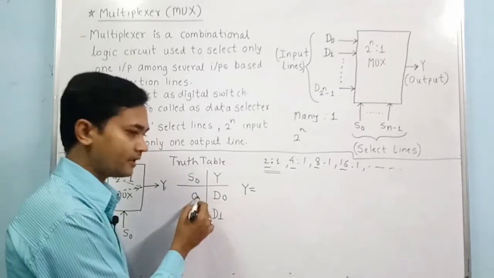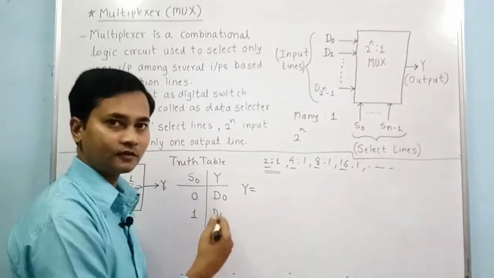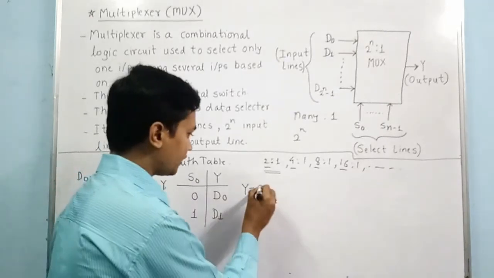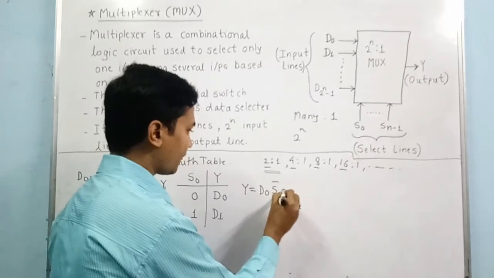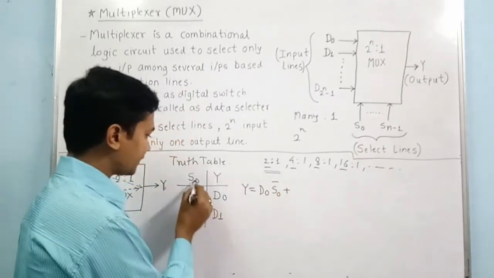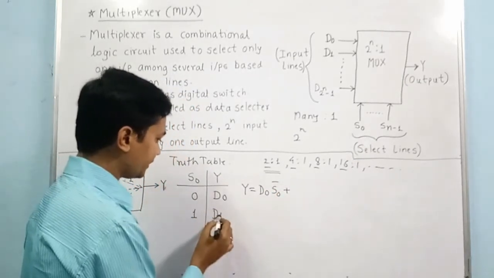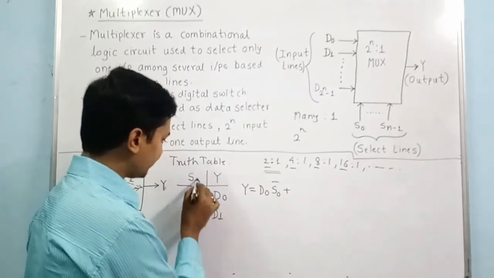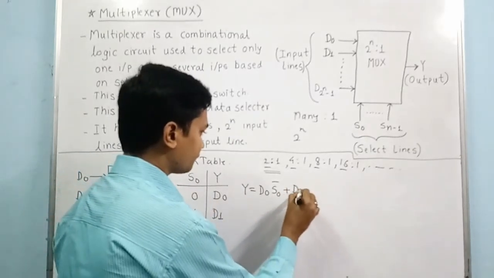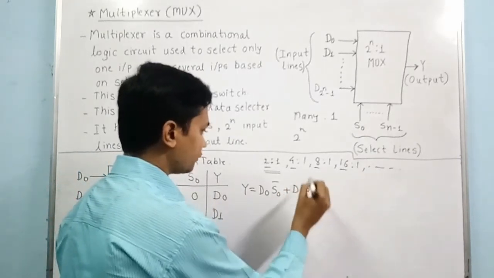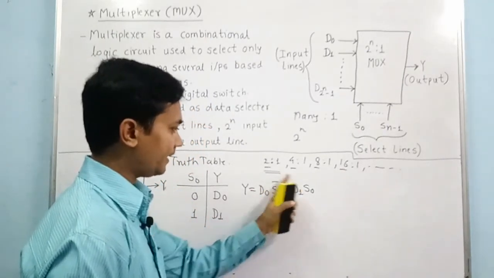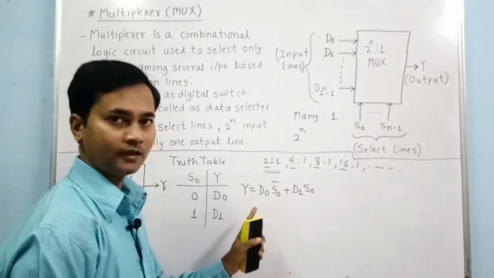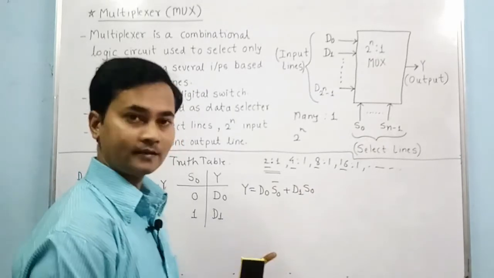So 0 can be written as a complemented variable. So here D0 S0 bar plus, when S0 is 1, the D1 will be transmitted. So D1 into S0.